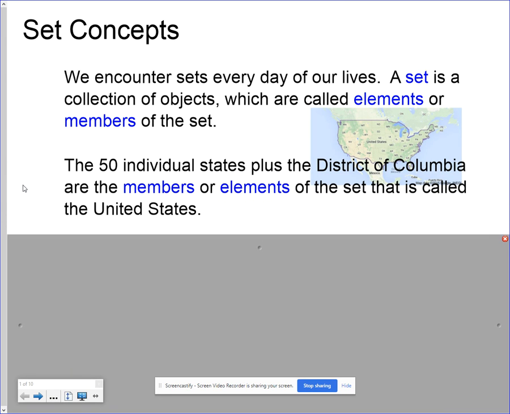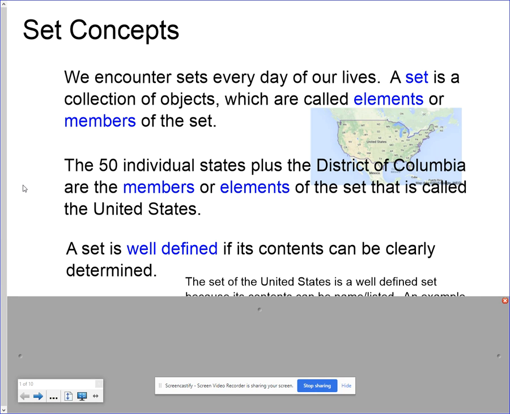For example, the 50 individual states plus the District of Columbia are members or elements of a set called the United States. We say a set is well defined if its contents or its members can be clearly determined.